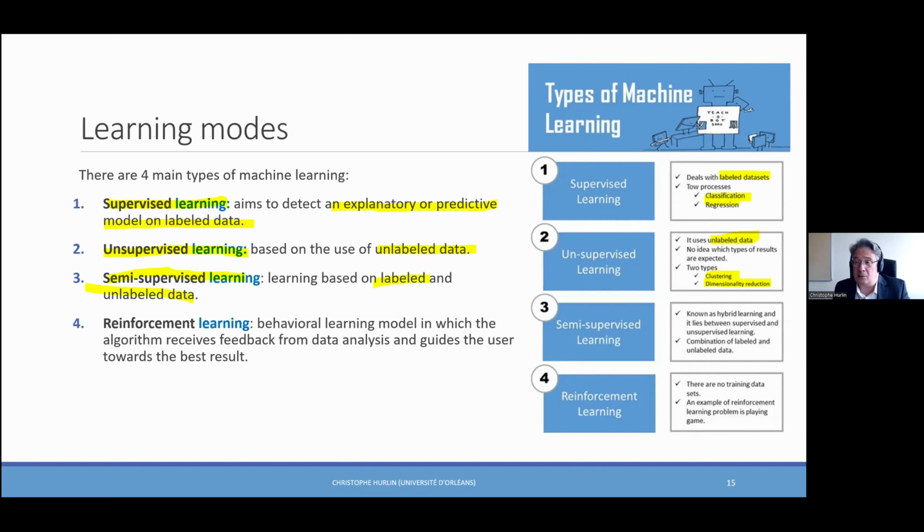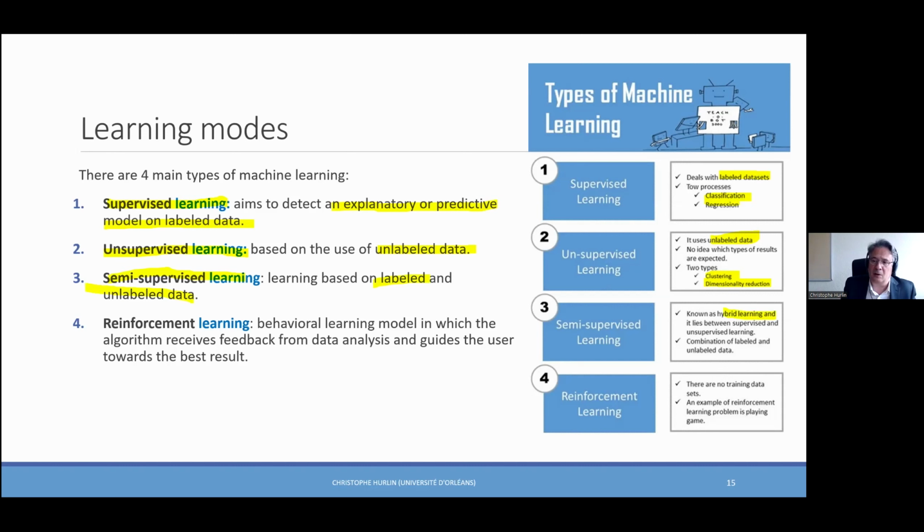For instance, let's imagine a fraud detection model. You have a fraud data set in which you observe fraud or no fraud for a set of firms that have been controlled. And for all the firms that have not been controlled yet, you don't observe if there is a fraud or not. So you have a mix of labeled and unlabeled data.